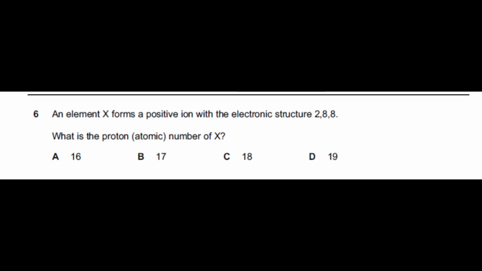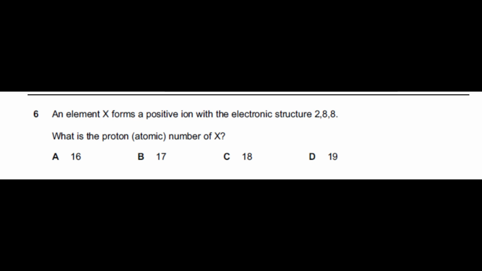Our options are 16, 17, 18 and 19. The total for the electronic structure is 8 and 8, 16, and 2, 18. So it should have 1 more than this total. So it should be 19, because while forming a positive ion, the atom has lost an electron, but it has not lost any protons. So the proton number should be 1 more than this total, which is Delta, 19.